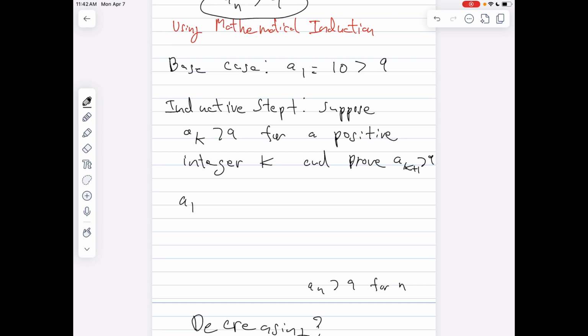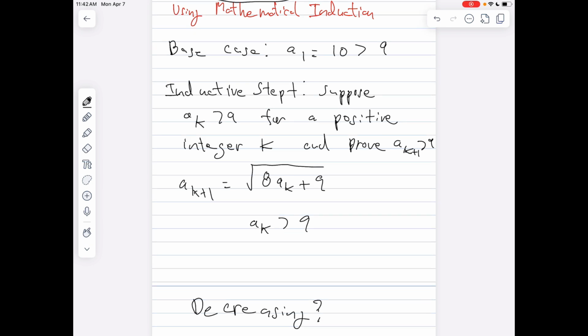So a sub k plus 1 here, what is this? Well, that would be the square root of 8 times a sub k plus 9. Now, we know that a sub k is greater than 9 by our hypothesis. And here's what I'm going to do.